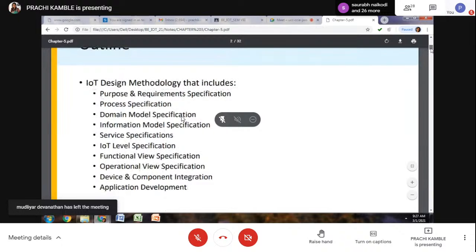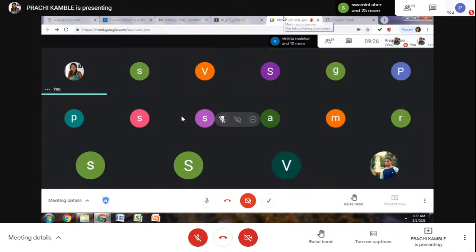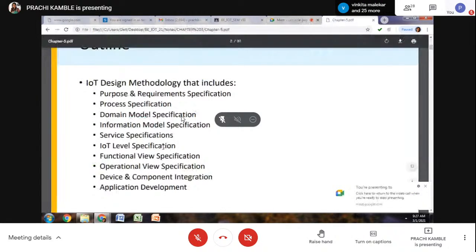So these are the outlines for IoT design methodology. It includes purpose and requirement specification, process specification, domain model specification, information model specification, service specification, IoT level specifications, functional view and operational view specification, device and component integration, and lastly application development.